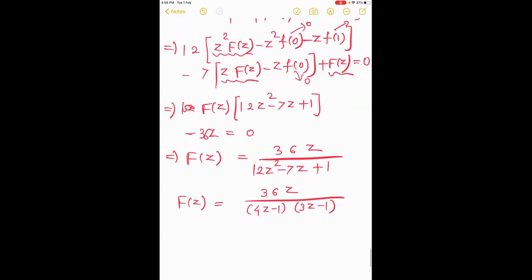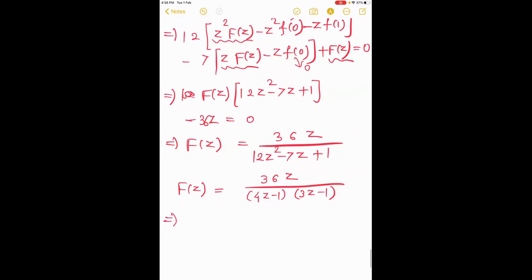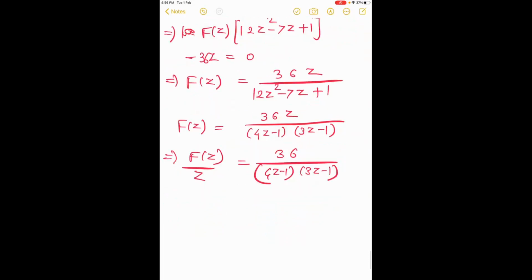That means we are getting F of z upon z is equal to 36 upon 4z minus 1 into 3z minus 1. And taking its inverse, first of all, you have to take the partial fraction form. Partial fraction form is 36 upon 4z minus 1 into 3z minus 1, giving A upon 4z minus 1 plus B upon 3z minus 1.